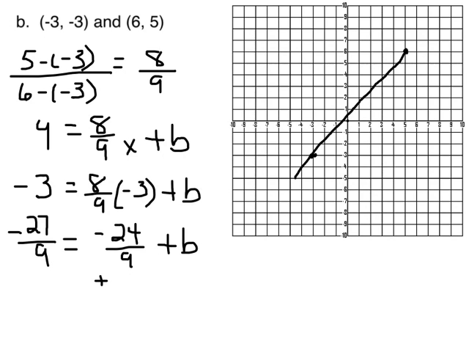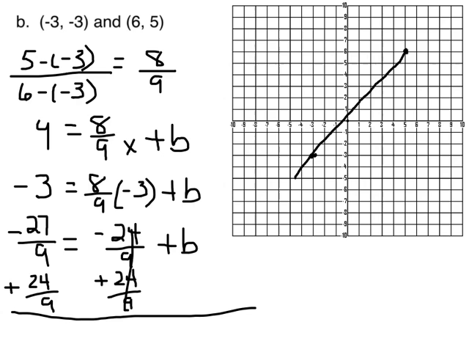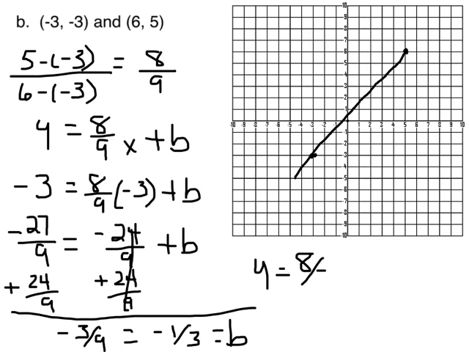And then I'm going to need to add 24/9. And when I do, get rid of this, and I find that b is negative 3 over 9, which reduces to negative 1/3. So the equation of this line is y equals 8/9 x minus 1/3.